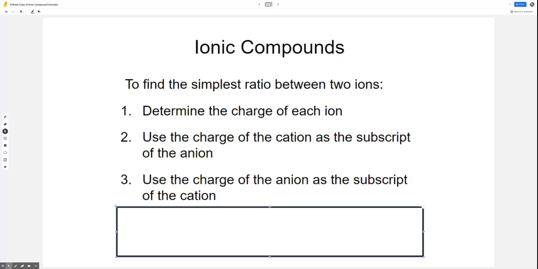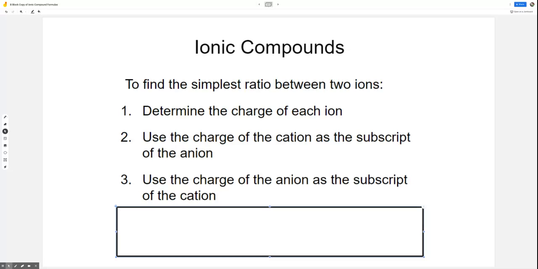So we are going to use the charge of the positive ion, the cation, as the subscript, which is the little number at the bottom of the formula, of the negative ion. And then we're going to use the charge of the negative ion as the number at the bottom of the positive ion in the formula. I don't expect that to make sense yet. Hopefully it will once I've shown it to you.